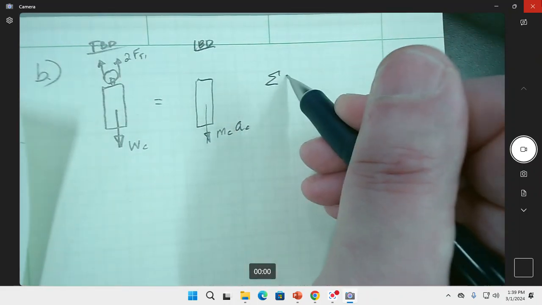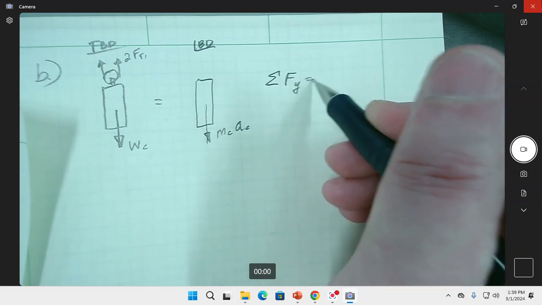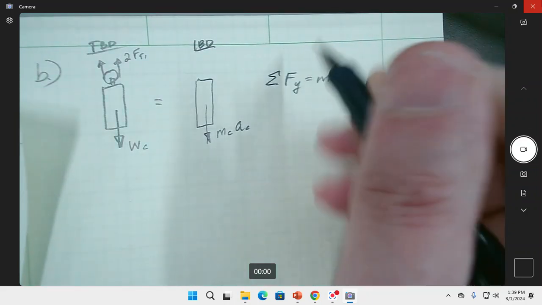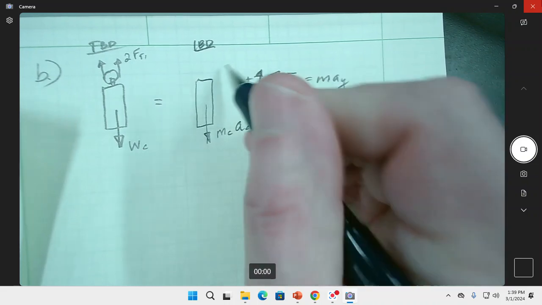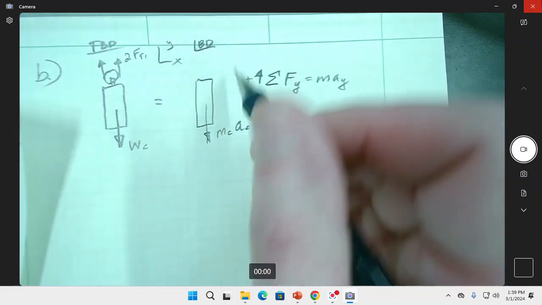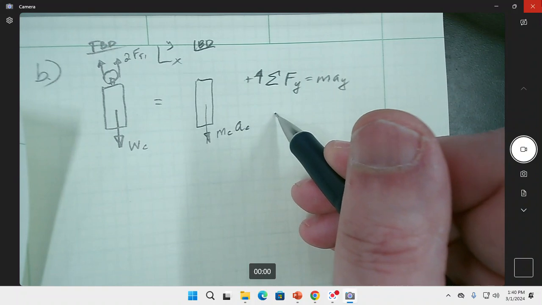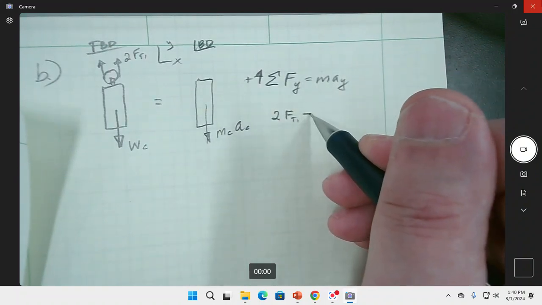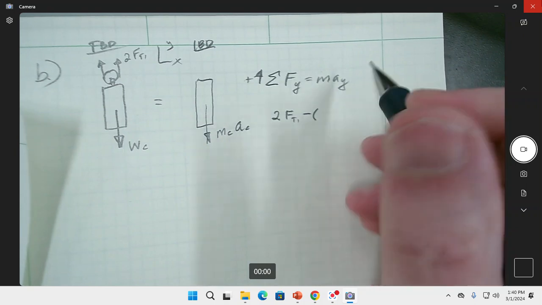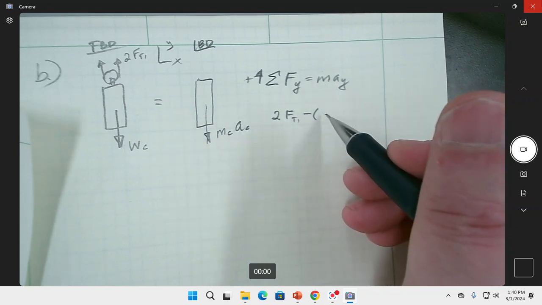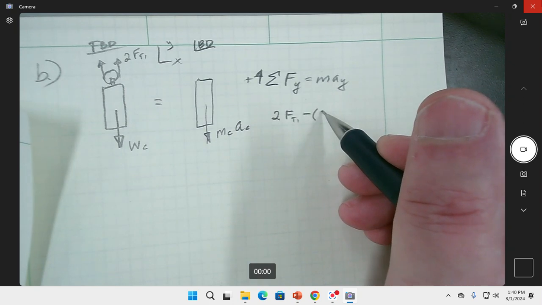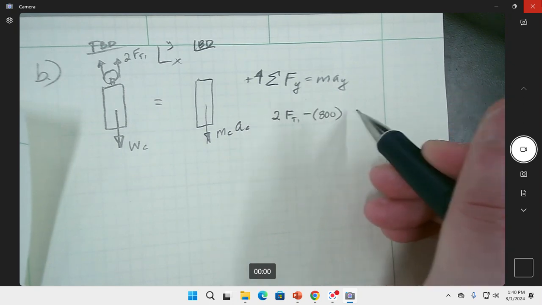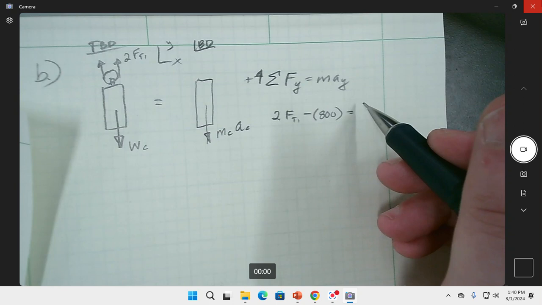So we're going to take the sum of the forces in the y direction equals mass times acceleration in the y direction. We've defined upwards as being positive. So we say we have 2FT1 minus 800, and I'm going to go ahead and put the values in because I did before, so I'll be consistent, equals mass.